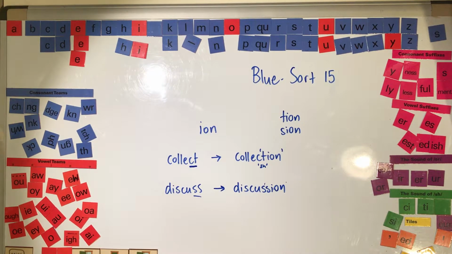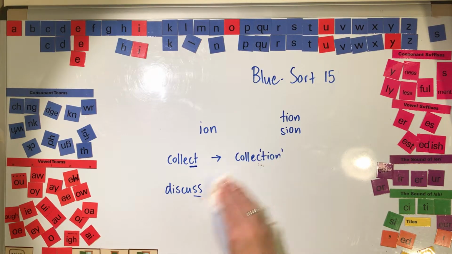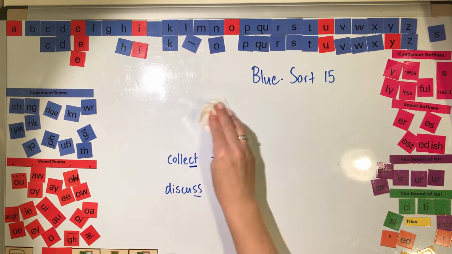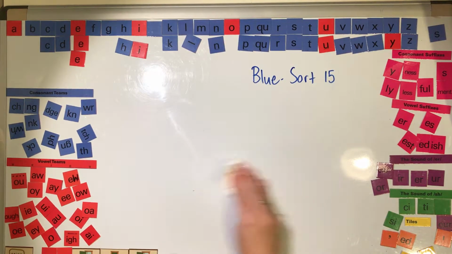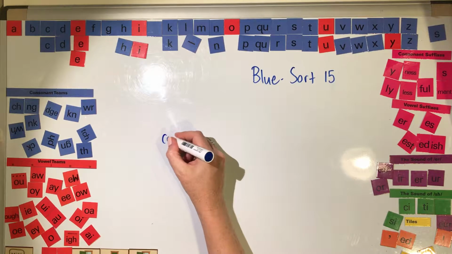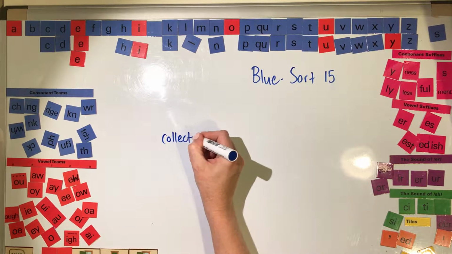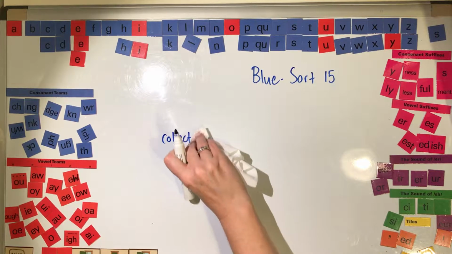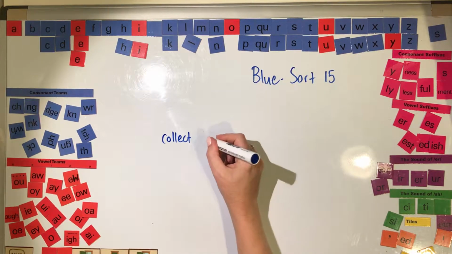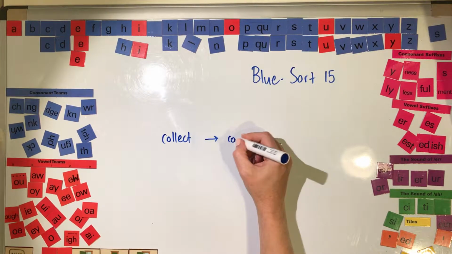Okay, so what does I-O-N mean? What does it mean when you add I-O-N to a word? Well, it actually means the act or the result of the base word. So if you collect, you'll end up with a collection.